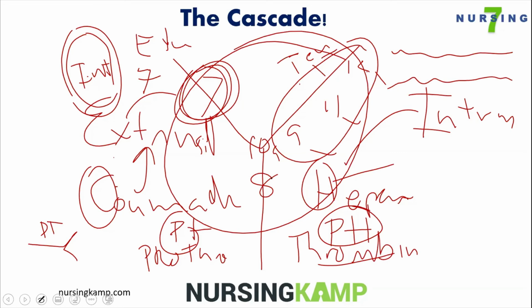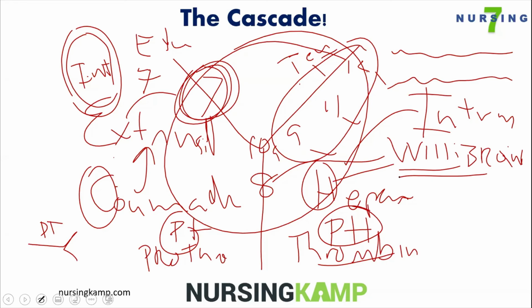So factor 8, and you've probably heard this before, factor 8 deficiencies, right? So factor 8, 1, 2, 3, right? Von Willebrand's is factor 8 deficiency.